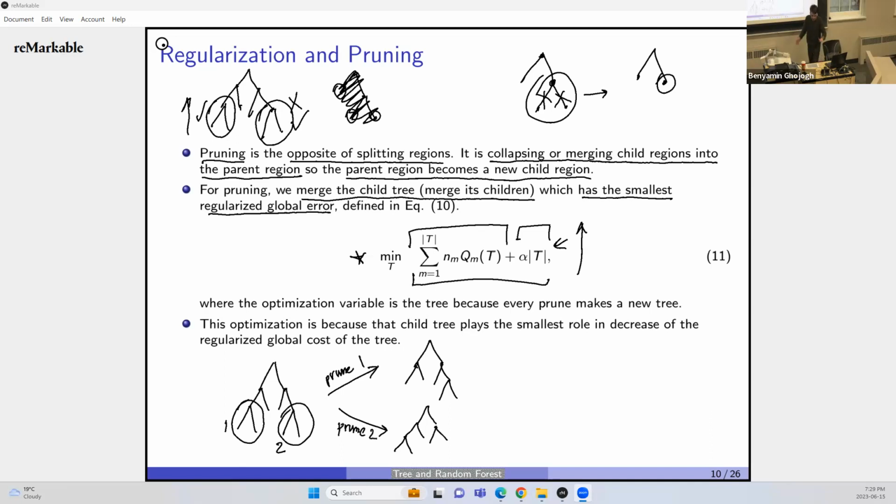Now assume equation 11, I call this value V, the value of this class. Assume the V here is 15. If I prune one, the V, for example, becomes 13. Sorry, it goes up. It becomes 17. Why does it go up? Because the more fine-tuned we become, the global cost on the training data goes down.